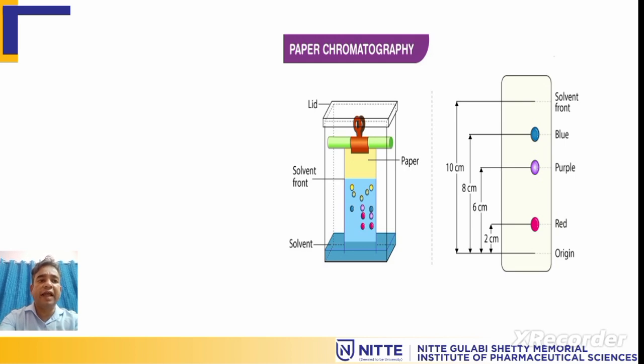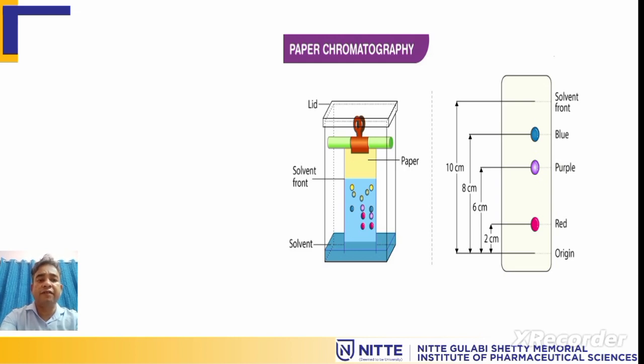So the jar in which you are carrying out the separation should be covered and equilibrium must be attained, and then you have to make sure till what place the solvent has to run. Generally it is taken as two-thirds, but sometimes when you have a colored substance, sufficient separation has happened.